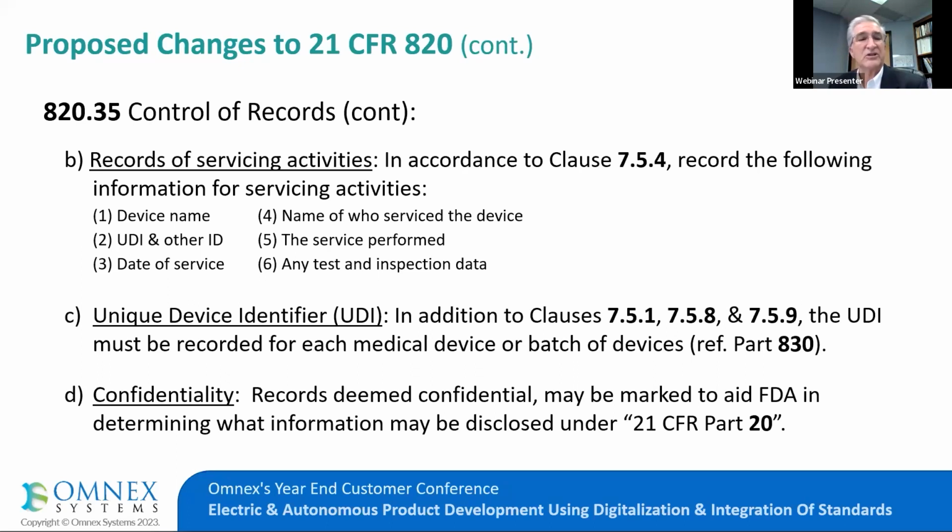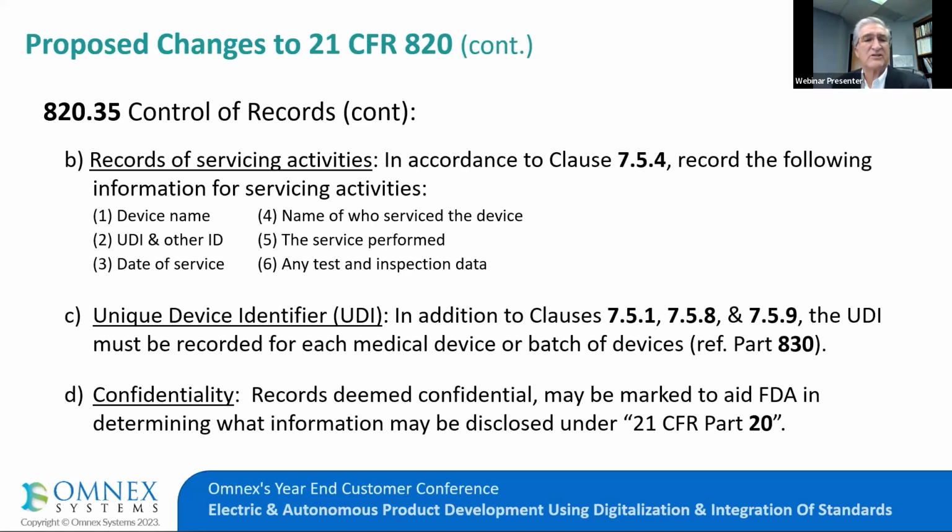Also, I might caution to make sure that if the service is done outside of the servicing requirements in your process documents, for example, if the service is done out of sequence for whatever reason, you need to make sure that you include that reason. Otherwise, it's non-compliant.